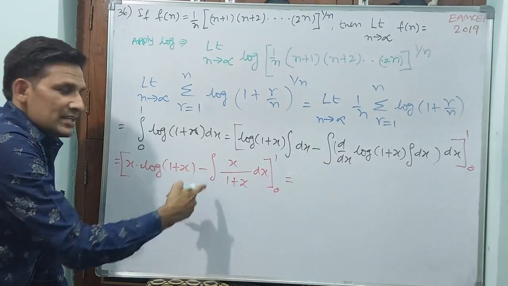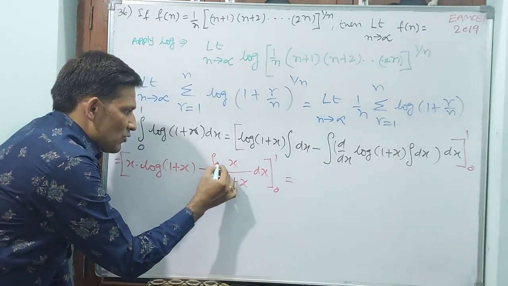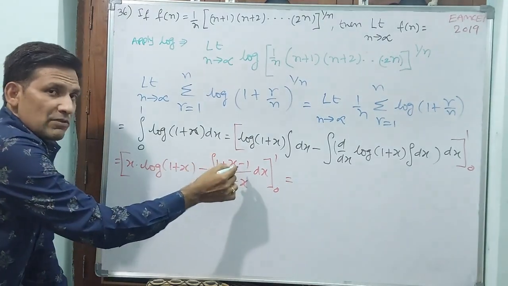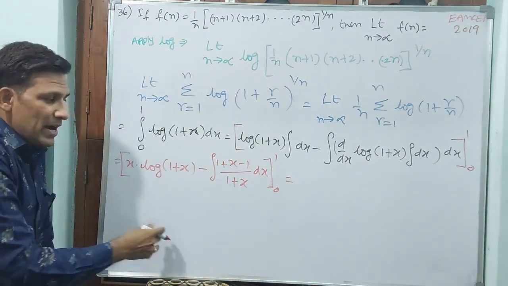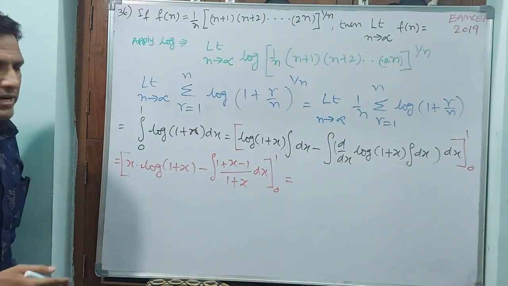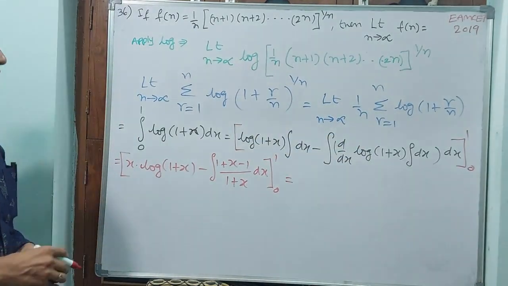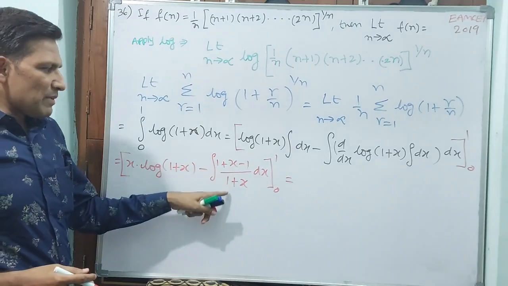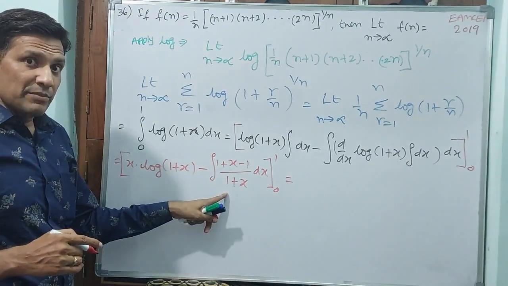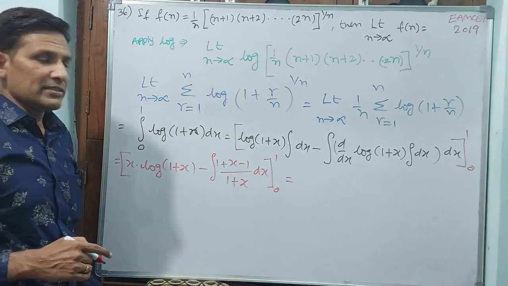That is equal to, how you are going to convert this? See, 1 plus x is there. You also make it 1 plus x minus 1, plus 1 minus 1 going to get cancelled out. See, this step I am writing, but you have to understand. One more time I don't want to write, don't waste time. 1 plus x by 1 plus x means 1, integral dx, minus 1 by 1 plus x, minus of minus plus log will come.